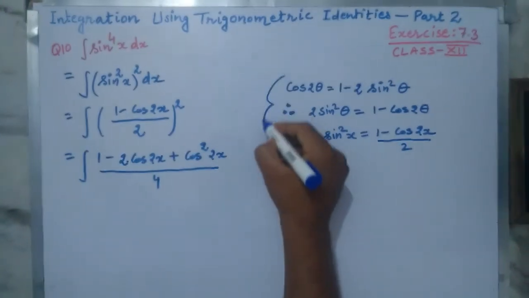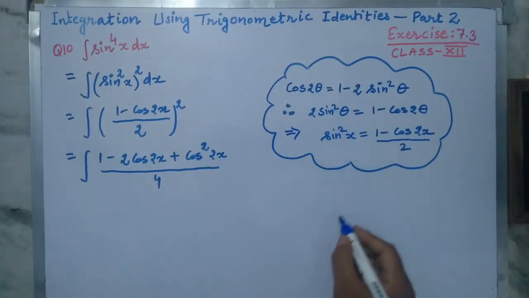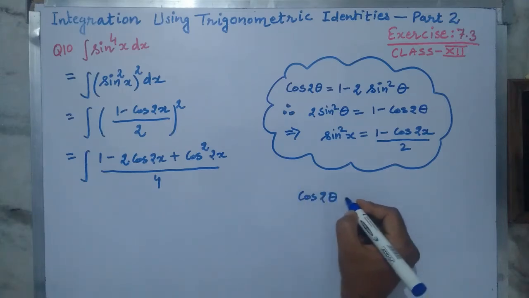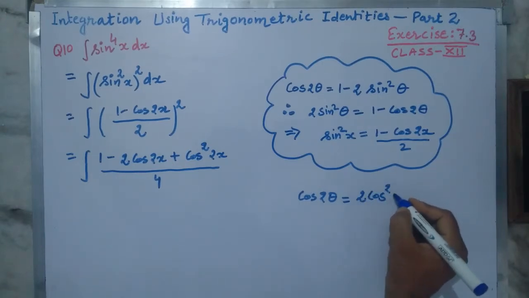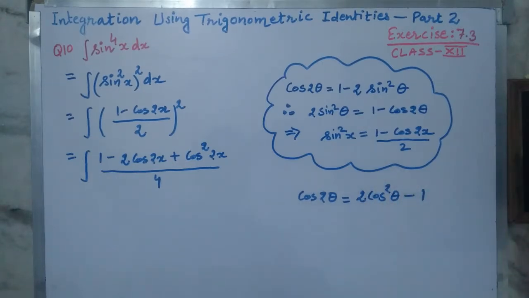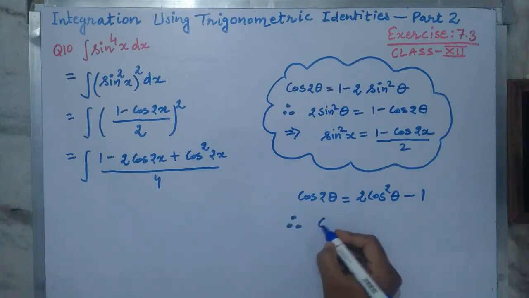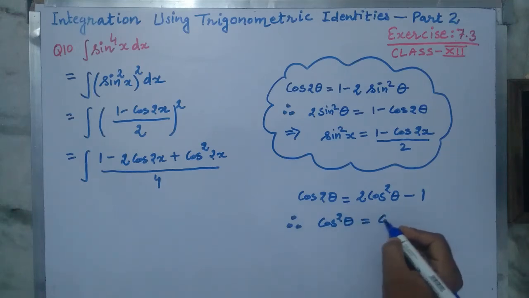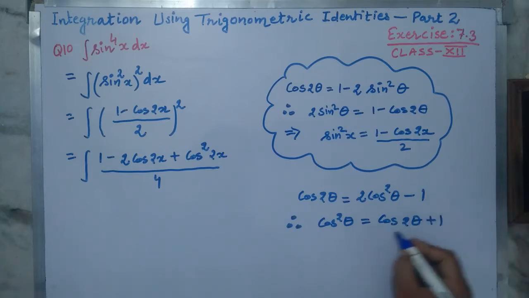So once again we follow the identity, cos 2 theta is equal to 2 cos square theta minus 1. So from here we can say cos square theta is equal to cos 2 theta plus 1 divided by 2.